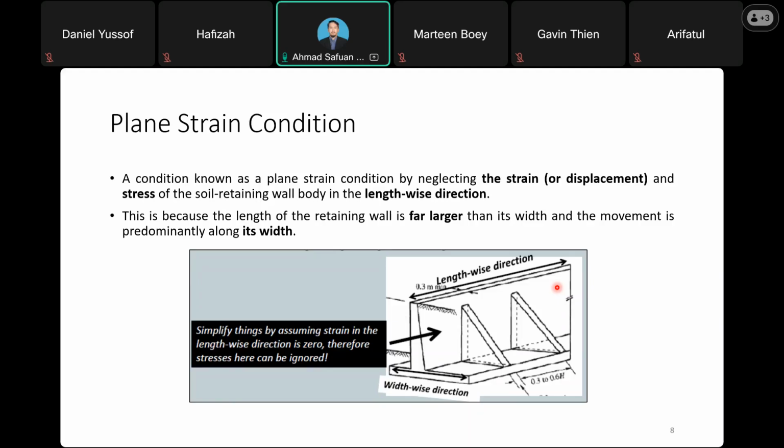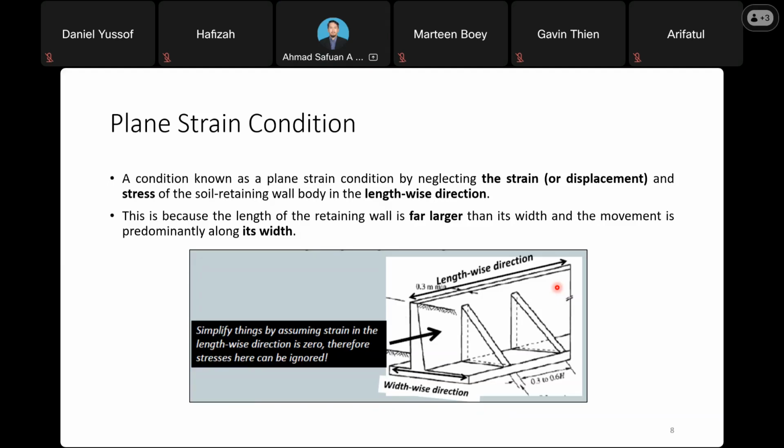That's why when we design a retaining wall, although the value is in loads, we may assume it is in kilonewton per meter run. This means that for every 1 meter, that is the load applied on that 1 meter length.